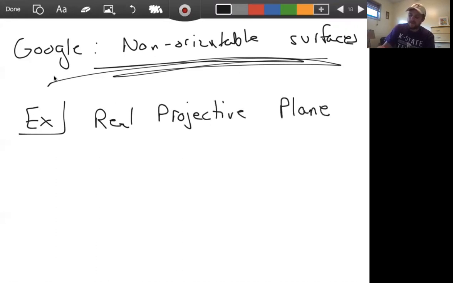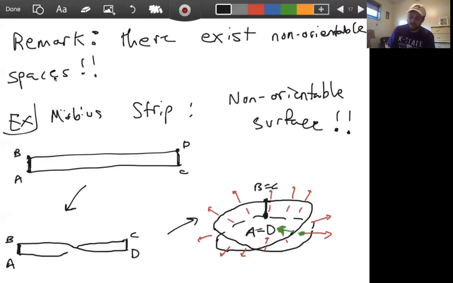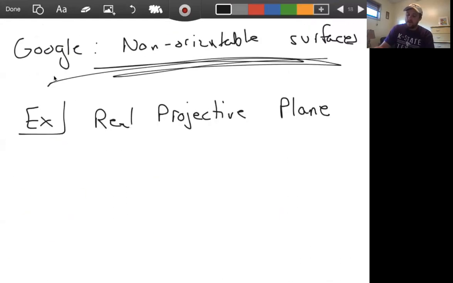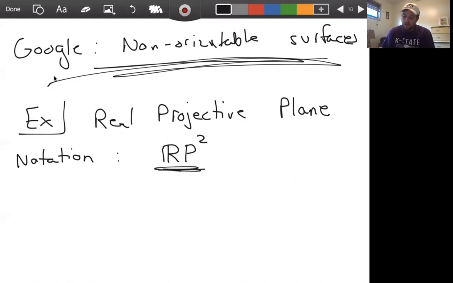The notation for this, so usually you just say, like a Mobius strip, this is the surface M, right? The real projective plane, the notation is RP2. And I would definitely suggest Googling RP2 and taking a look at some of the properties of this space. It's a very interesting space.